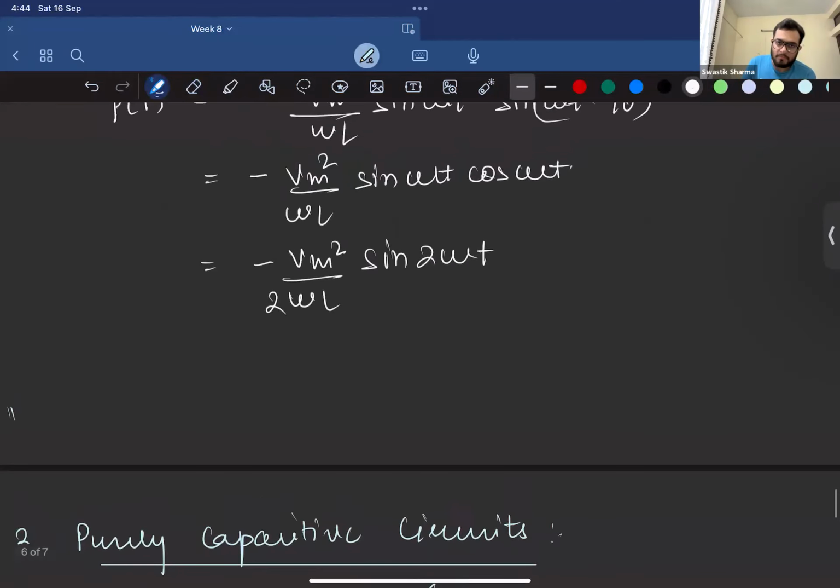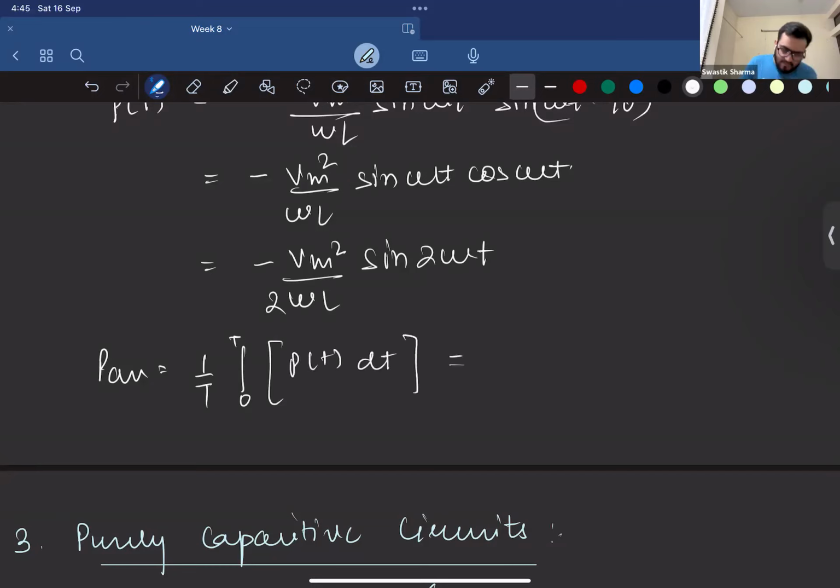Let's integrate it, so the average power is what? Can you tell me what the average power is going to be?